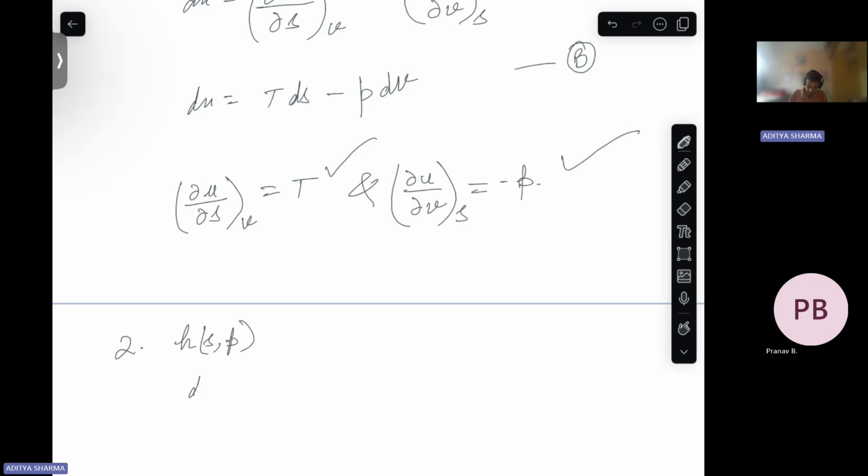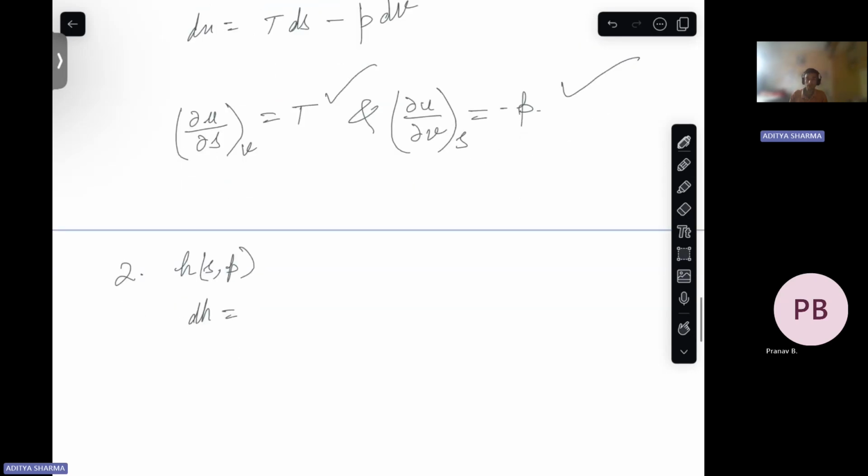In that case, its exact differential will be written in this way. Dou H by dou S at constant P dS plus dou H by dou P at constant S dP.